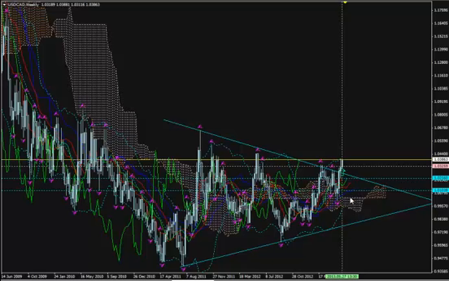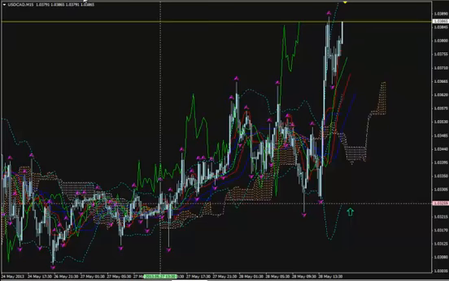These two turquoise lines show the previous long entries we had given to our apps users. Now I'm going to go back to the M15. You can enter now, it is not late.